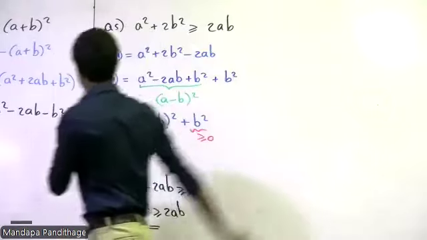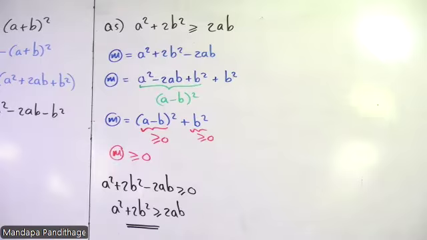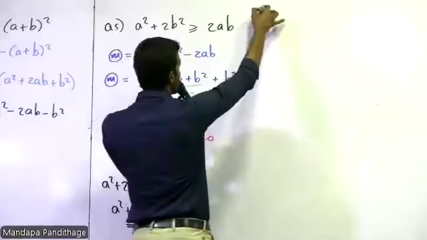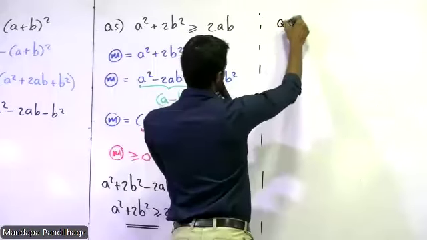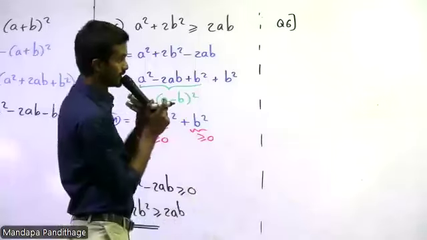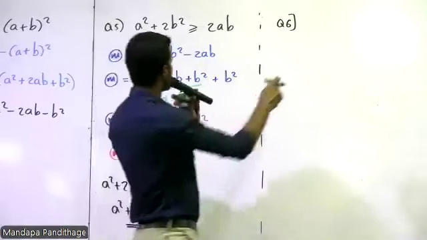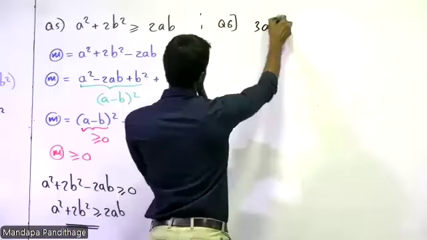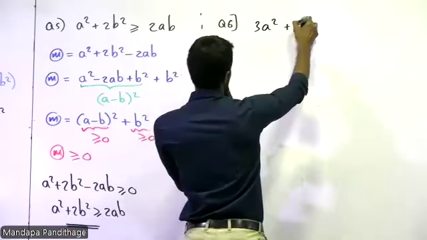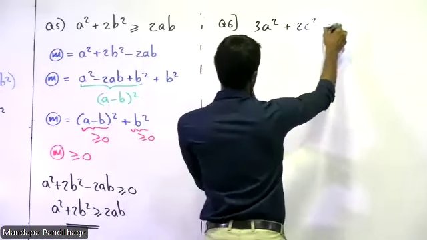So let's name it as Q6. Show that 3a squared plus 2c squared is greater than 2ac minus 4.